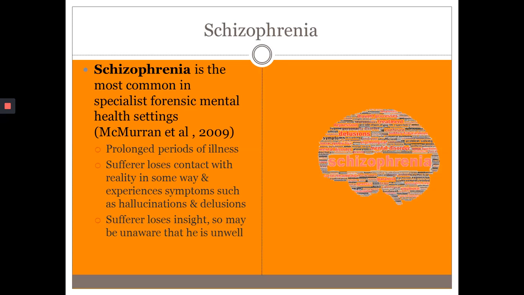So people like Szasz have wanted to get rid of the label schizophrenia and introduce other ways of understanding the problems people experience, rather than just lumping quite a lot of different people into one box under one label, when Szasz and other psychologists and psychiatrists say that label is just not a useful one to have.